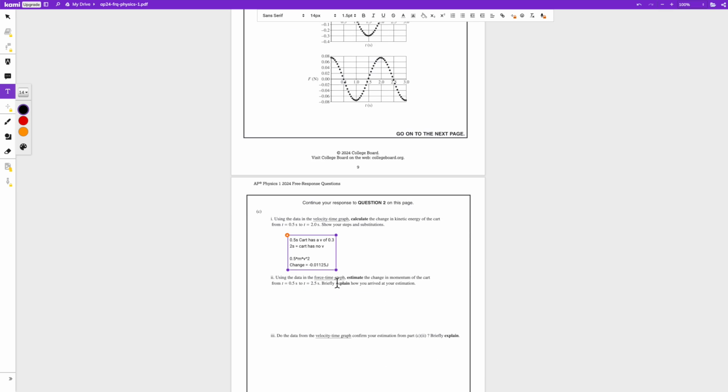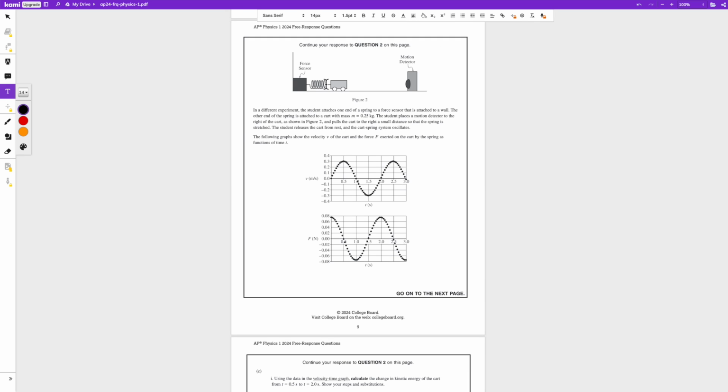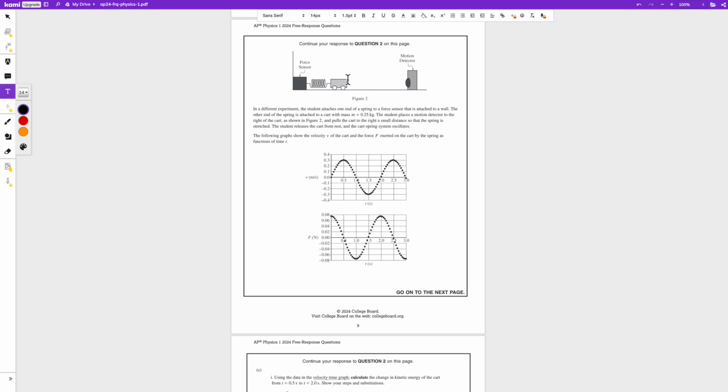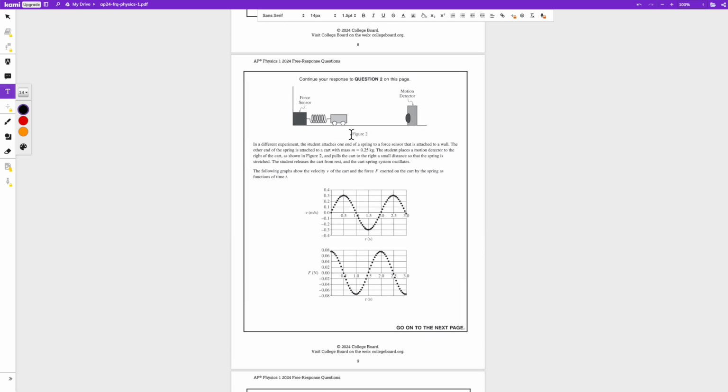Next, use the data on the force time graph to estimate the change in momentum from 0.5 to 2.5 seconds. This is our force time graph, so 0.5 to 2.5 seconds. So what we know about a spring and its oscillations is, when a spring is compressed like this, there's going to be a force. But here we can see there is no force, and that happens when the spring is at equilibrium.